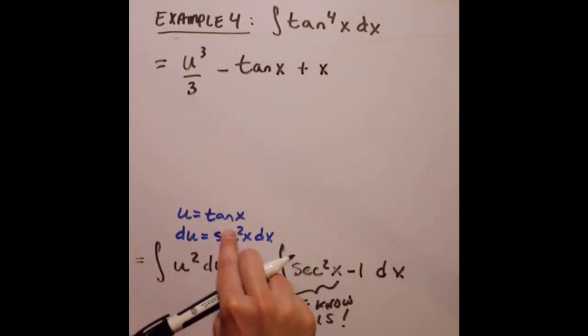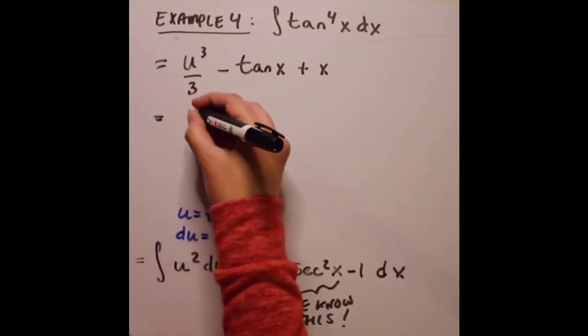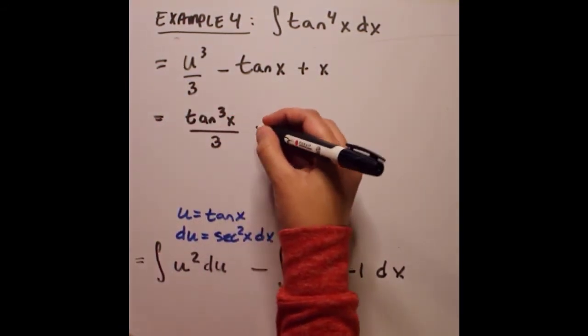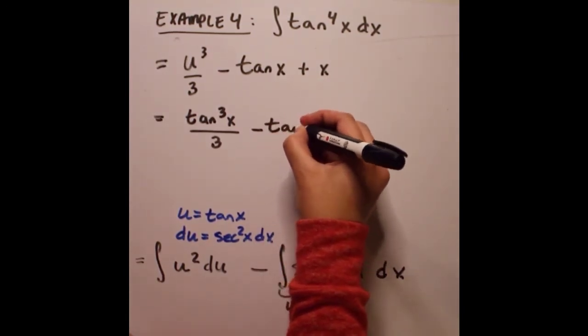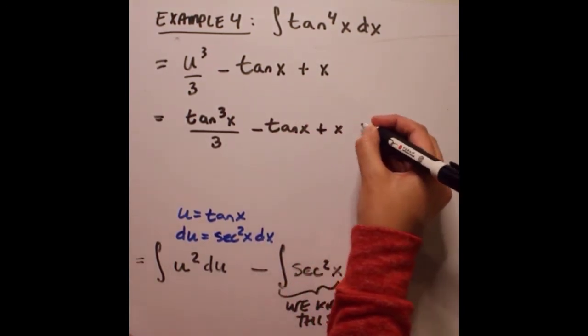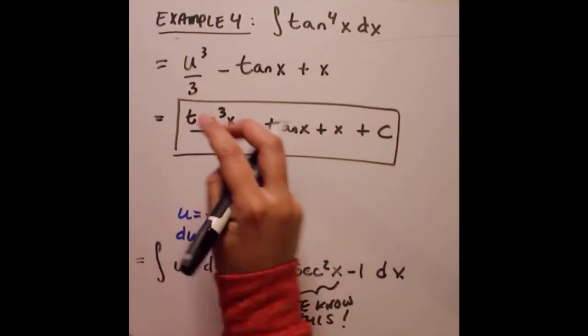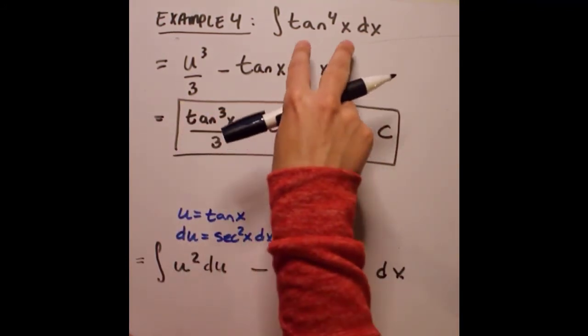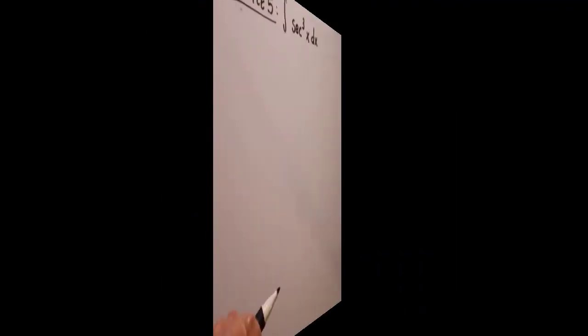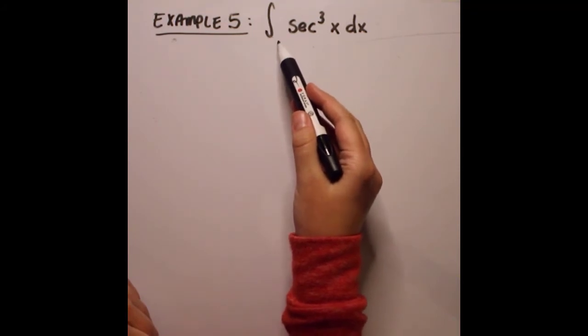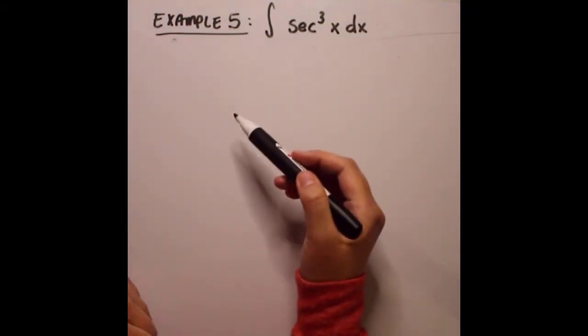I left this here so we knew what u was, so this is now tangent cubed x over 3 minus tangent x plus x plus c, because there were no limits of integration. Final answer, this is the value of this integral here. Moving right along into our next example, example 5, integrate secant cubed x dx.